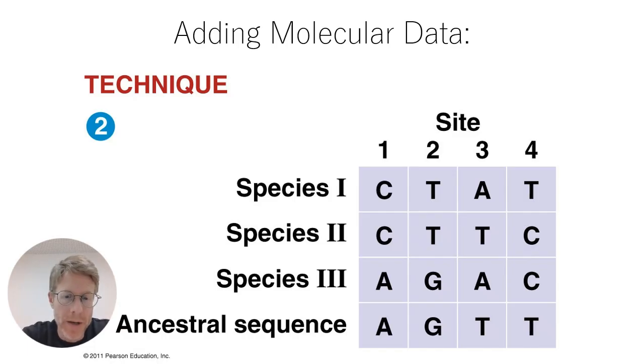Of course, when scientists are really doing this, they're looking at multiple positions on multiple genes. More data is always better. This is just for the purposes of explaining the concept. You can see some species have the same nitrogenous base at a given site or position in a gene, and some vary. We can use that to choose the most simple explanation and identify which tree is most likely.